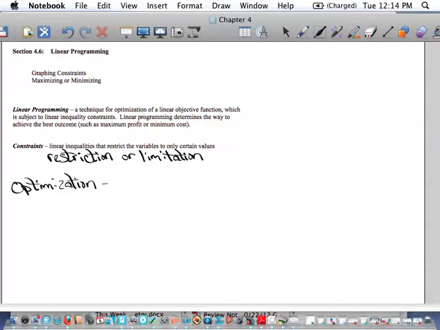The idea of optimization is to achieve the best outcome. If you're in business, that means you want to maximize profit, minimize cost, because you want to make the most money as possible.